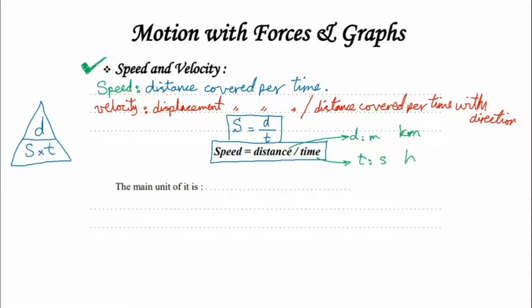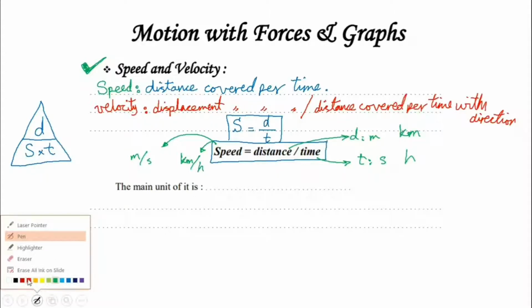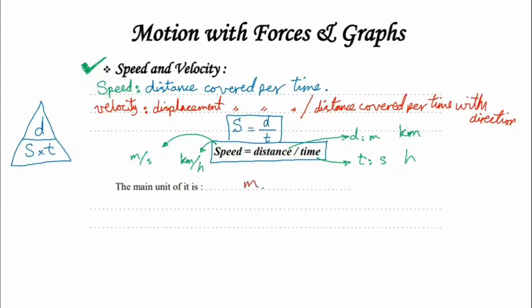In hours. يا سلام. فمعناته اليونت للسبيد عندنا 2 units. What are these 2 units؟ meters per second or kilometers per hour. المين يونتس for us اللي هي المترز per second.